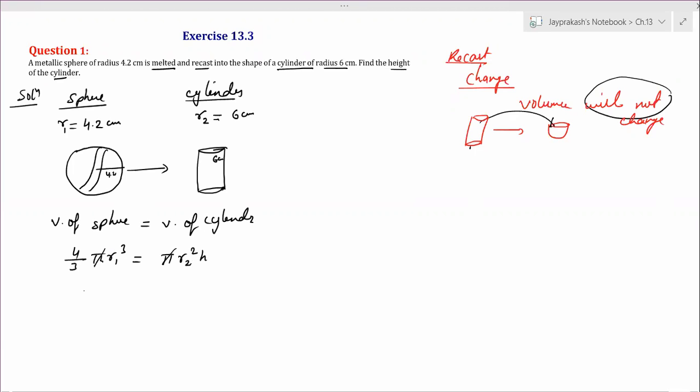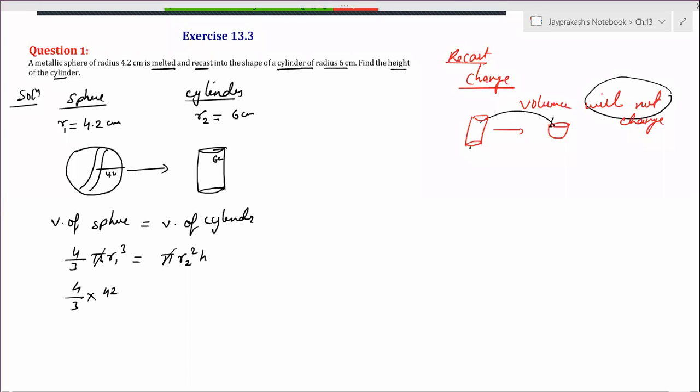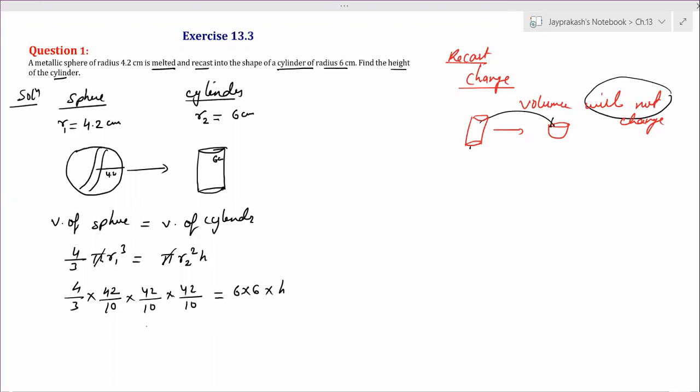Pi pi cancel. Now substitute the values: 4 by 3, r1 is 4.2, so we can write 42 by 10, and on this side r2 is 6 into 6 into h.